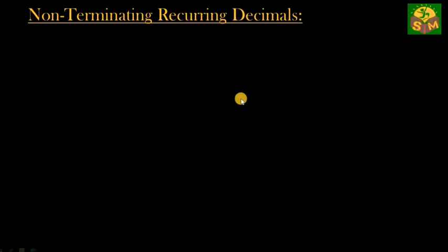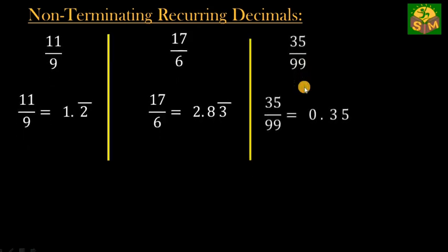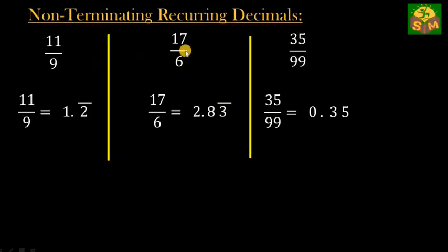Let's take a look at a few more examples. 11 over 9, 17 over 6, 35 over 99. And the decimal expansions are given below. In the first example, the first digit repeats.